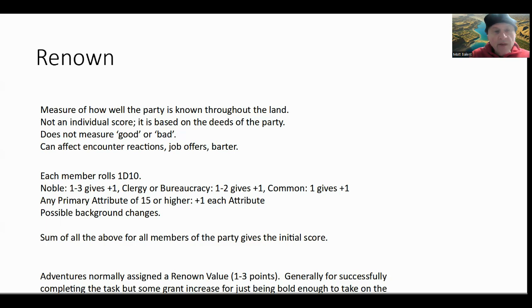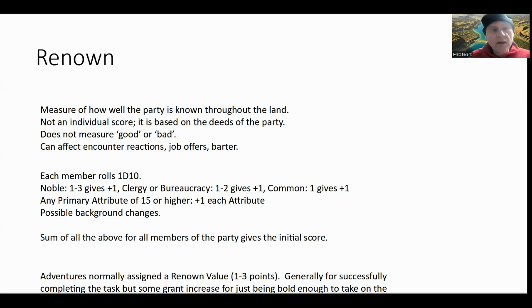Again, going back to the beginning of determining attributes, everybody's going to have at least one of these, because you don't want to have characters that are below 15 in at least one attribute. And there's also possibility, based on the background of the characters, of getting some additional points as well. And then the sum of all of this is the party's renown value.